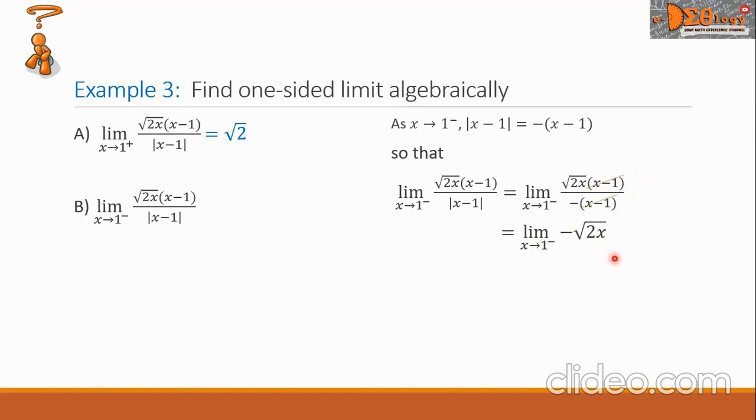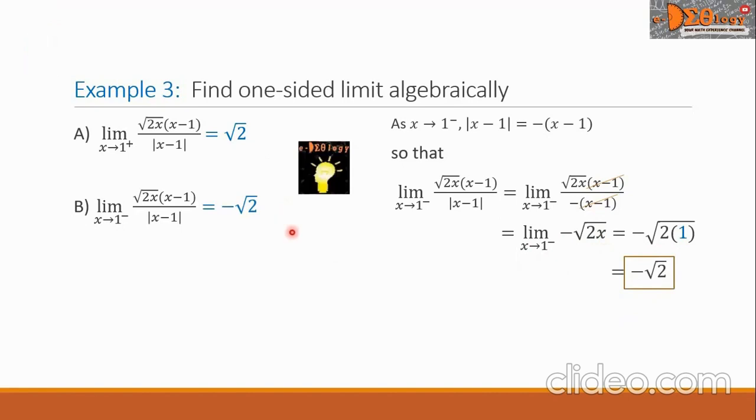Evaluating our limit by substituting the value 1 to the x, we have negative of the square root of 2 times 1. And the final answer is negative square root of 2. Let us write this answer opposite problem B. These are the answers for example 3.